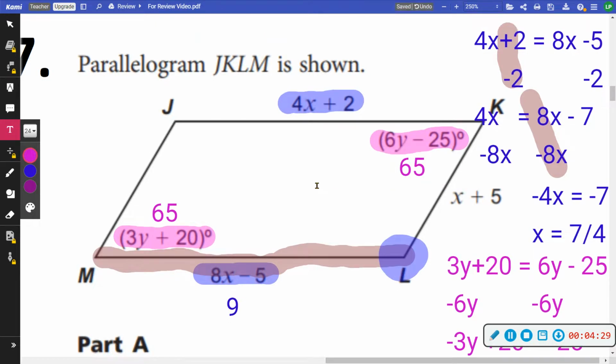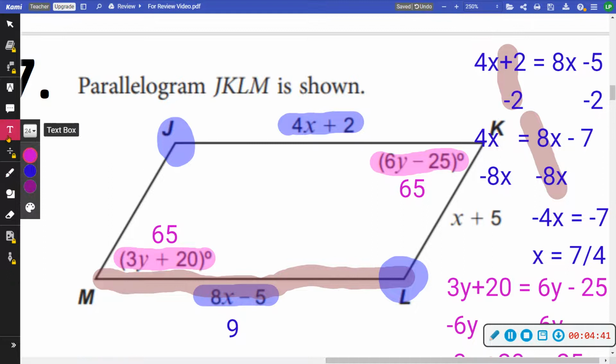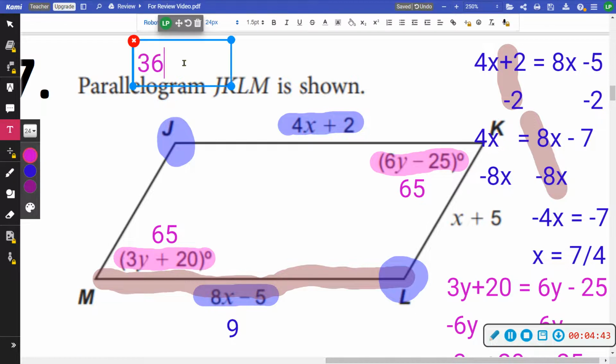So how do you solve this? Well, we know that L and J are congruent, and we also know that 4 angles add up to 360. So we're going to take 360 and take away 65 for those 2 angles.